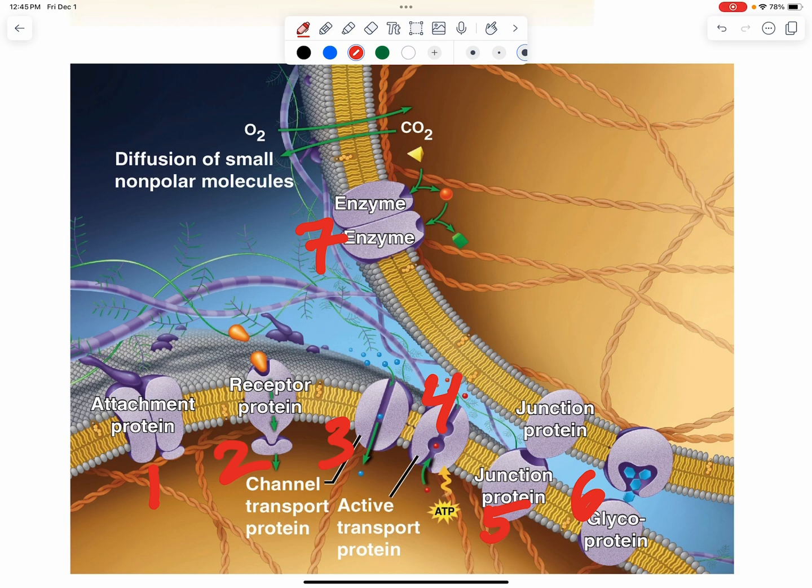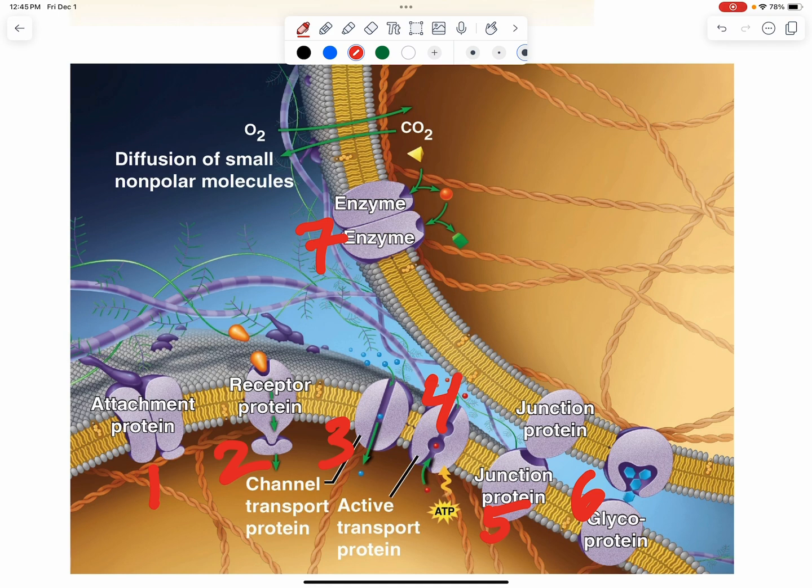All of these are to allow students and faculty to move around and function properly at school. Well, the cell membrane has that same function. So we're going to go over these 7 different proteins.